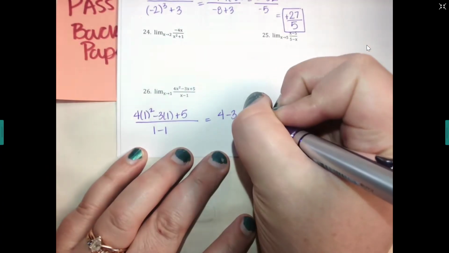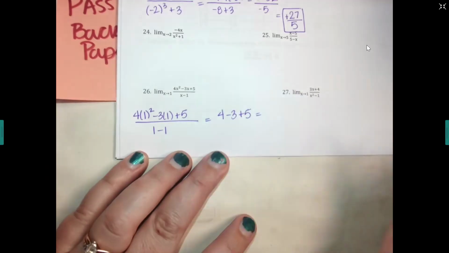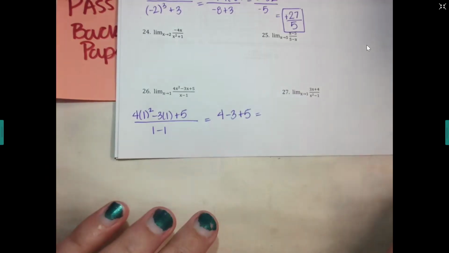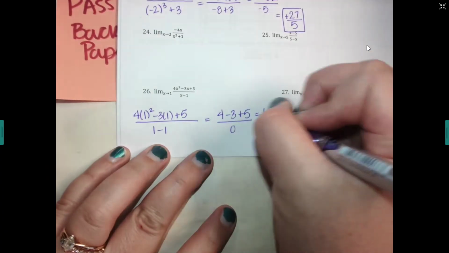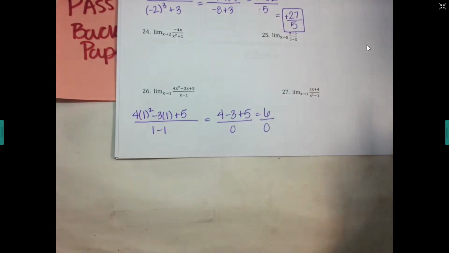So I have a 4 minus 3 plus 5. What's the top going to come out to be? 6. What's the bottom going to be? 0.